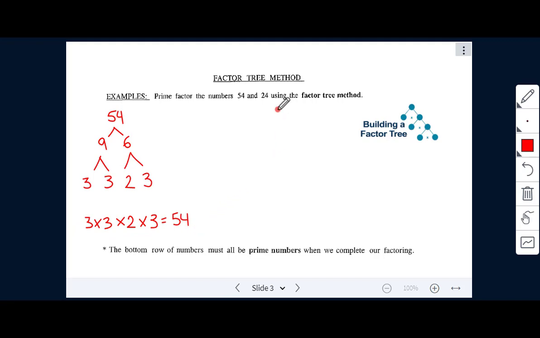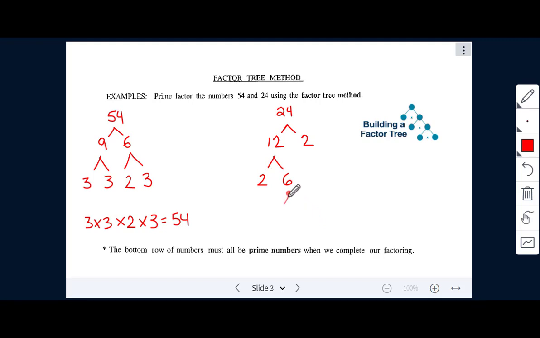All right, let's try number 24. Two numbers that give me 24. Any two numbers that will give me 24. 12 and 2. All right, so let's do 12 and 2. So 2 is already a prime number, so we can't factor this further. But then 12, we can factor further. We can use 2 and 6. So 2 and 6.